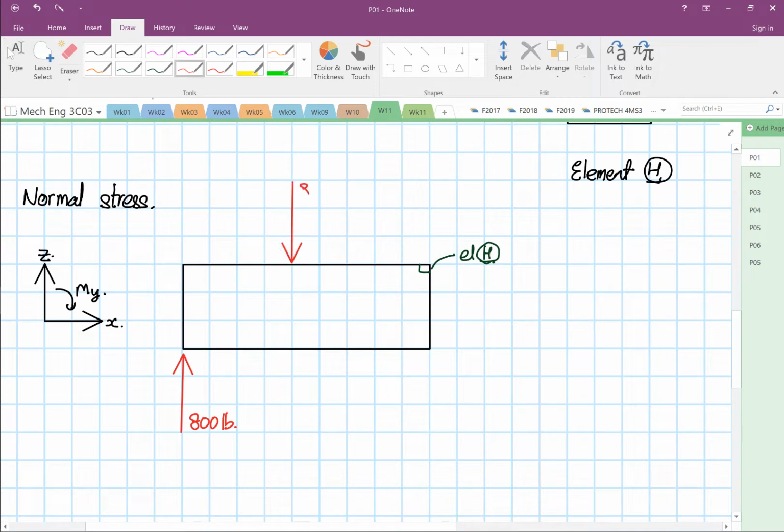And we know the respective distances. Up to the edge of the shaft, this distance is 18 inches. And from here to here, 10 inches.